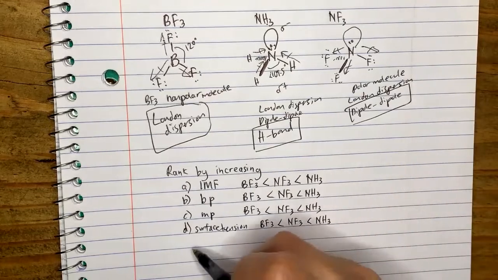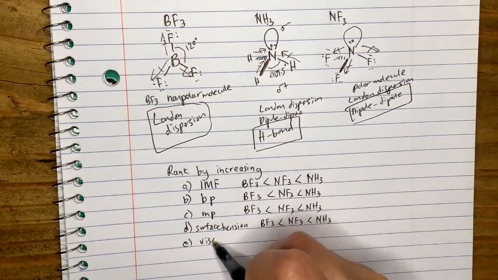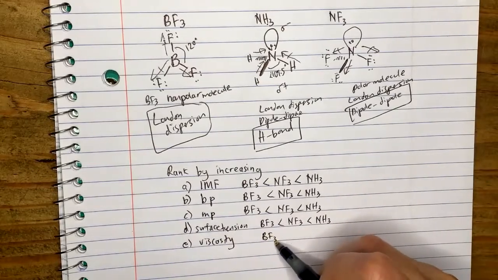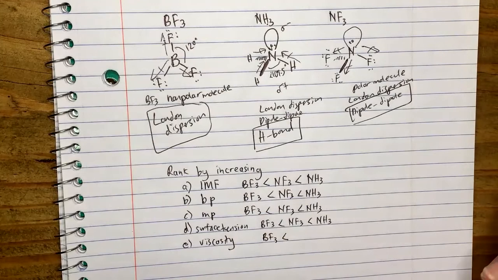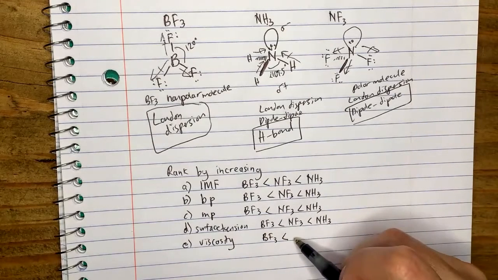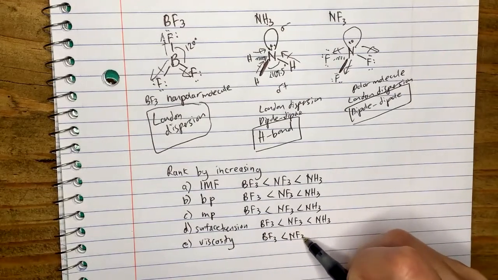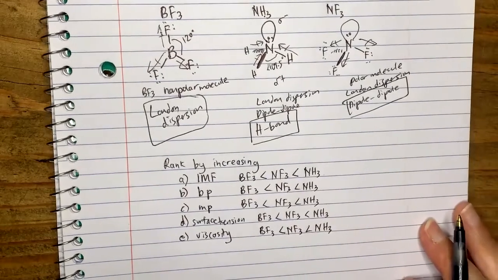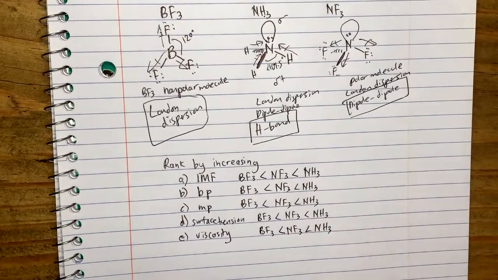And what if we want to rank by viscosity? Same thing, right? Viscosity goes from the lowest intermolecular force, and the most viscous is the one with the highest intermolecular force. So BF3, and then NF3, NH3. You're like, oh, all of them have the same trends. So if you see the connection and how to rank, you can see who has the same trends and then who has the opposite trend.